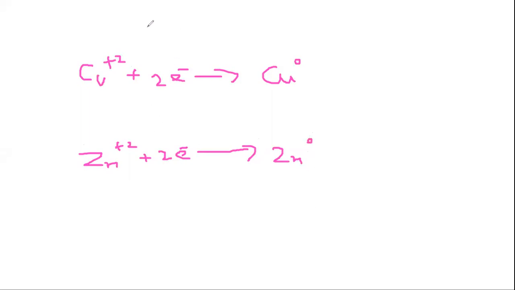So here I am going to ask what the possible ways are. Let's suppose I'm drawing the possible ways. This is one way: copper plus 2 may react with zinc plus 2, and you have to decide later in this lecture whether it actually does. This is the second option, this may be the third option, and this may be the fourth option.